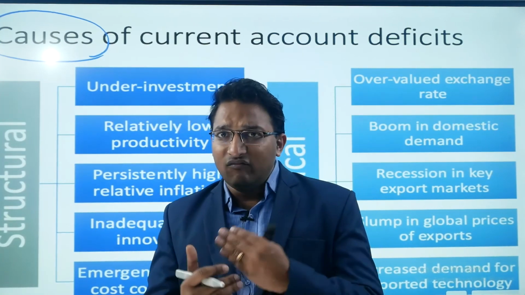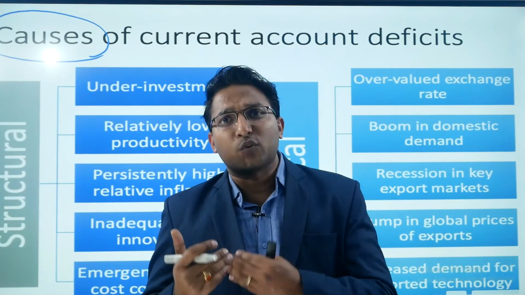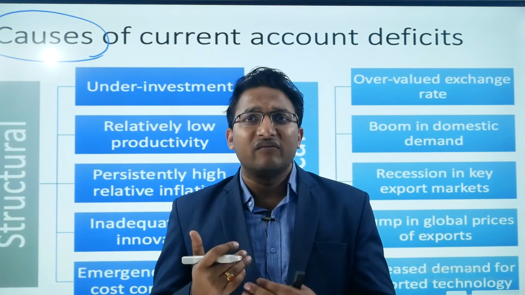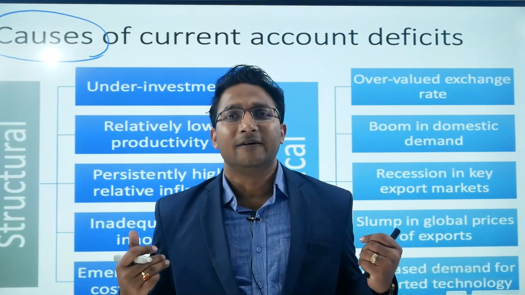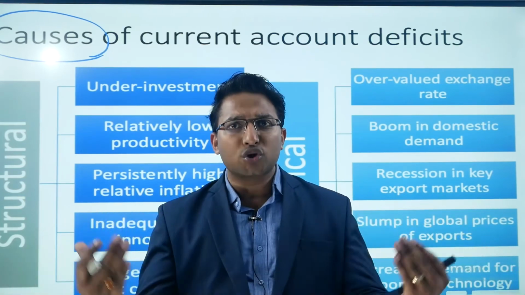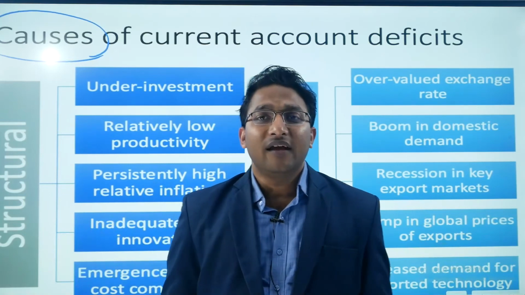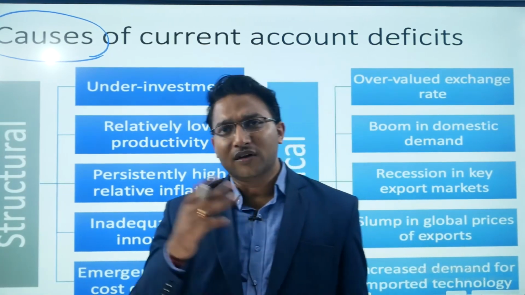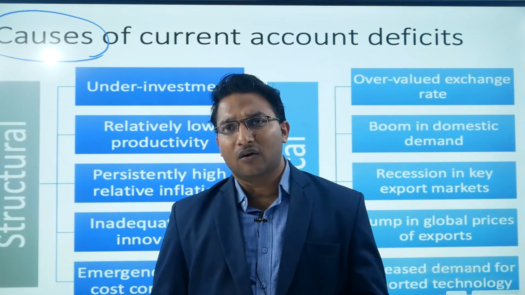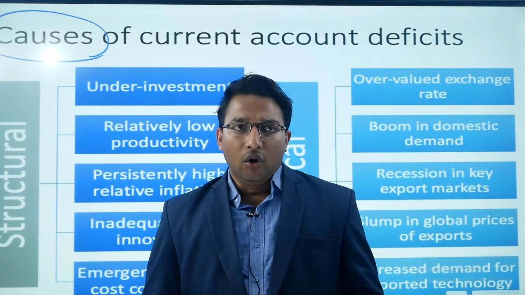Because of that only we became the net service provider. But because of the competition which we are facing from the neighboring countries, they are also able to provide low cost services to the developed countries. There has been an adverse impact upon the services, right? So that is about the current account invisibles part.